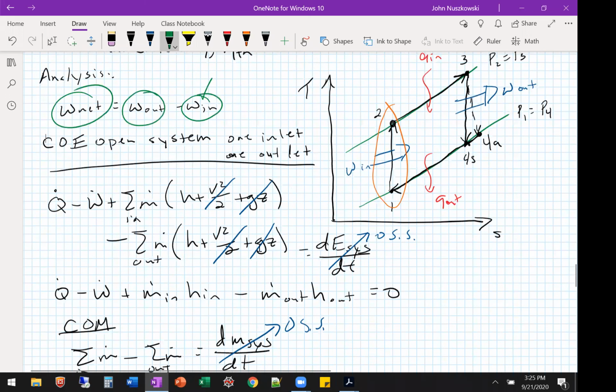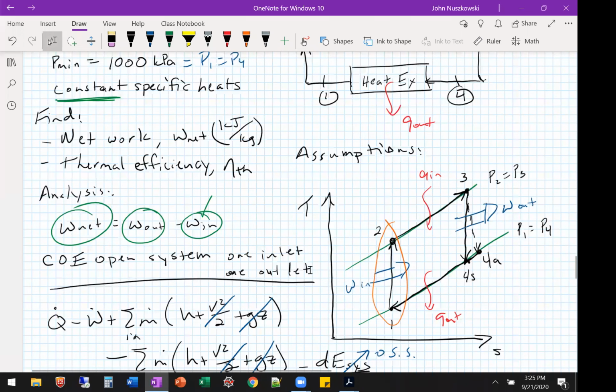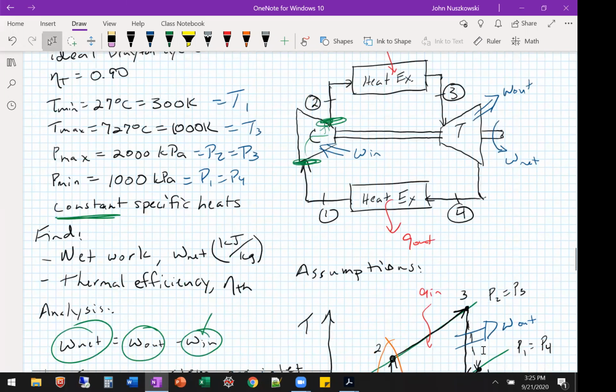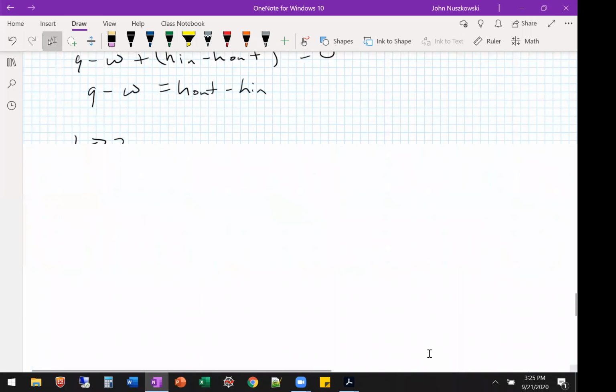So we need our work out. What do we do for that? Look at 3 to 4. Yep, so similar.